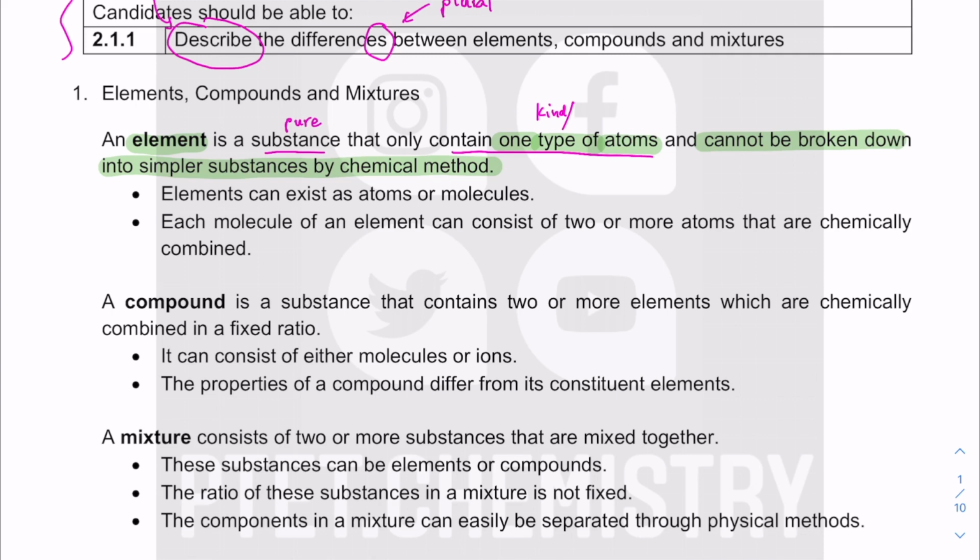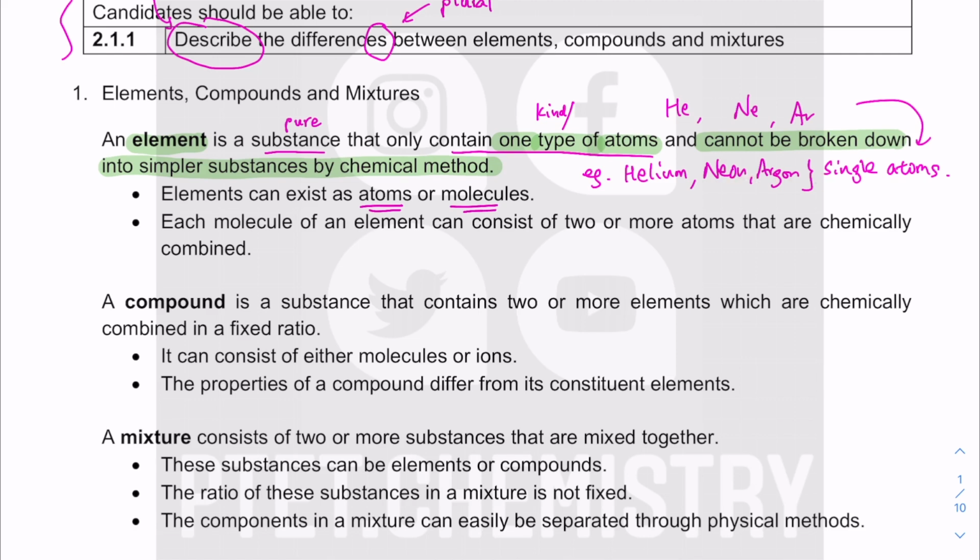What is important is that elements can exist as atoms or molecules. For example, helium, neon, argon in the periodic table all exist as single atoms. So only one atom, an individual atom.